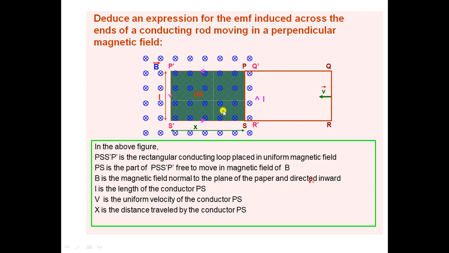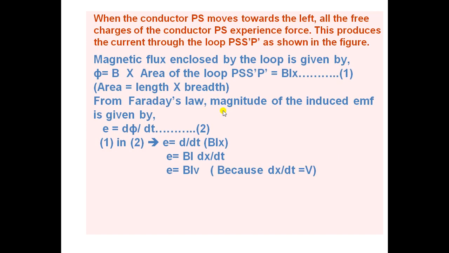At that time, all the free charges of the conductor PS experience a force, and this produces a current through the loop PSS'P'.